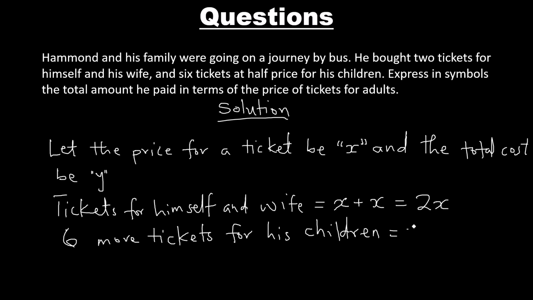So 6 more tickets for his children will be 6X. This is more like adding X to itself 6 times. So this is how much he paid for the 6 tickets for his children.